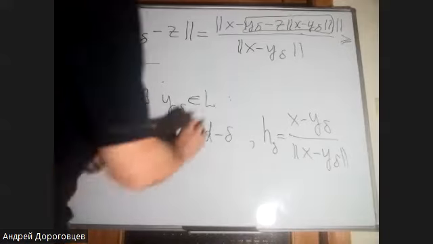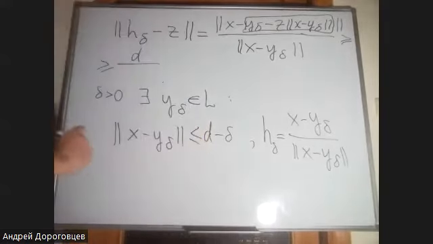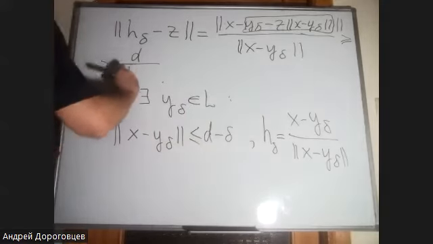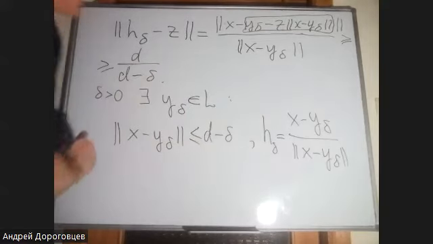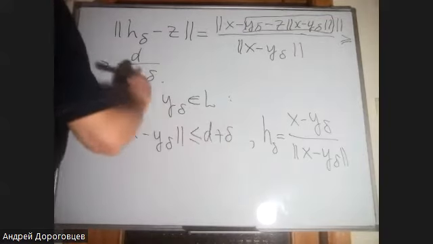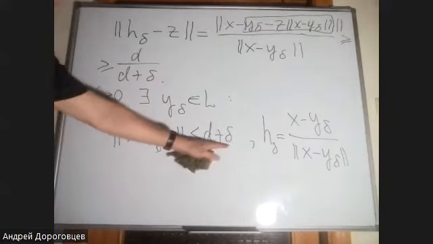Excuse me. Here I put the inequality, of course, must be here. So here I put d minus delta. Excuse me, plus delta. Now everything is okay. Please correct here.